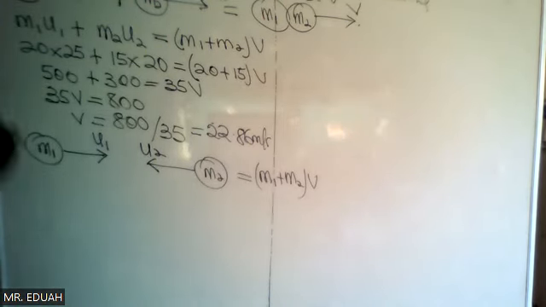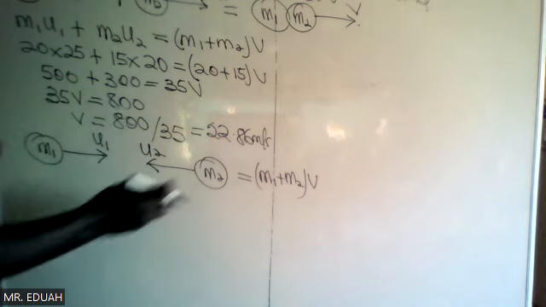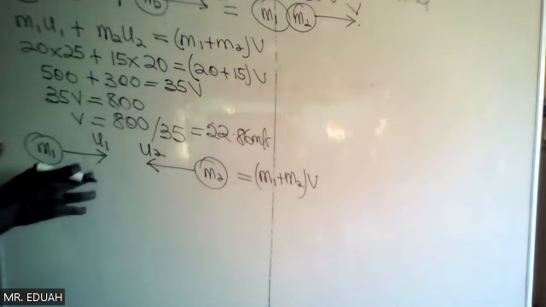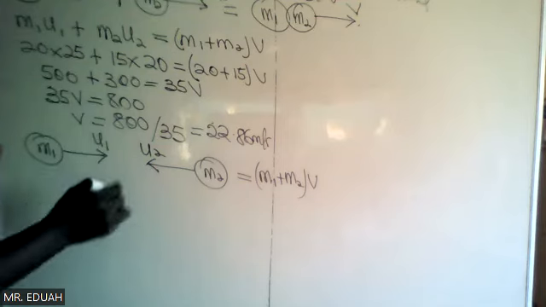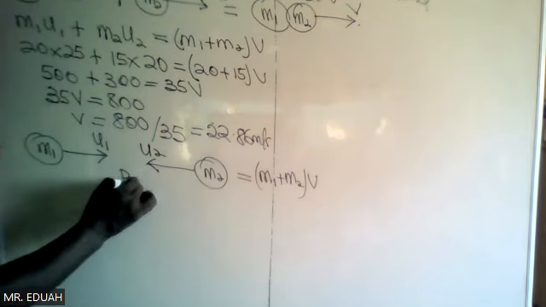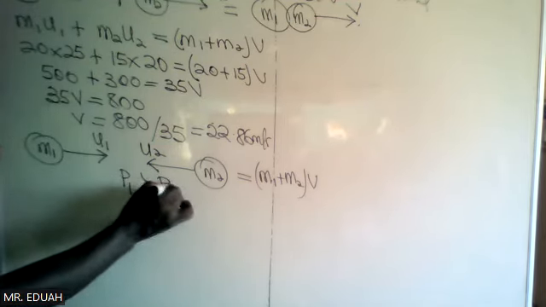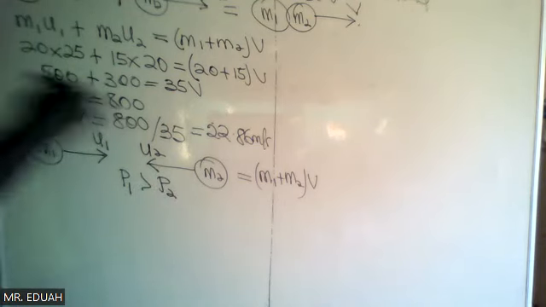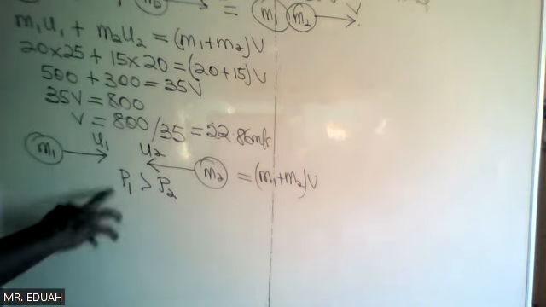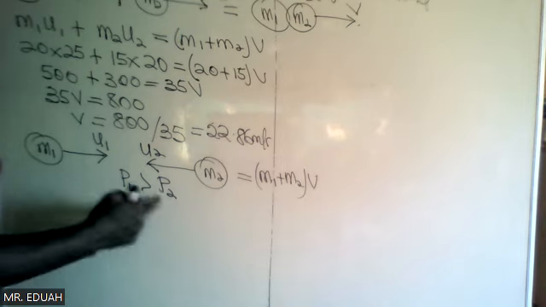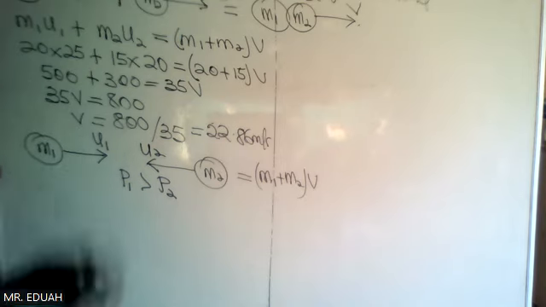Now, I'll subtract the momentum of 2 from the momentum of 1. The reason is that the momentum of 1 is greater than the momentum of 2. If it's the other way around, then I'll take the momentum of 2 and subtract the momentum of 1 from it.